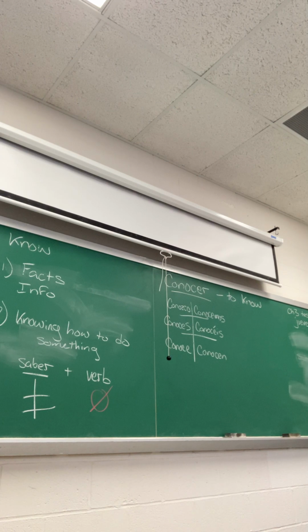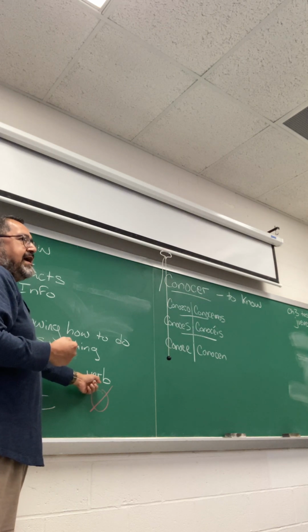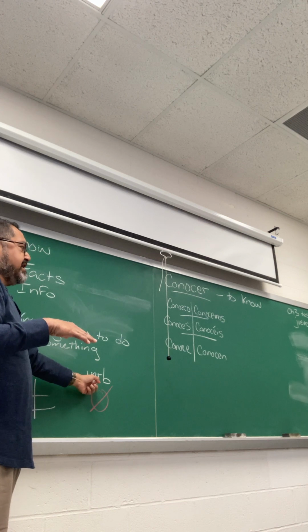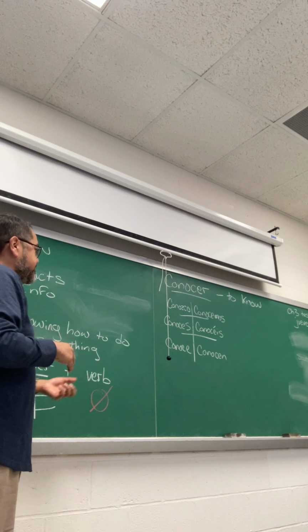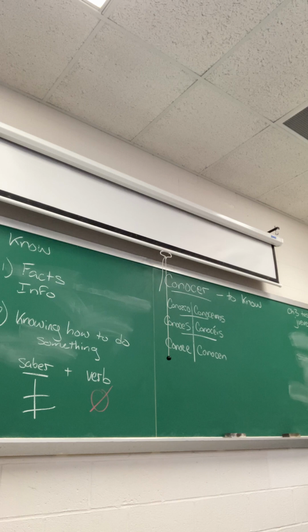So, yo sé leer. I know how to read. So I changed saber. I use the yo form. And then leer is just leer. Yo sé leer. Yo sé jugar el tenis.